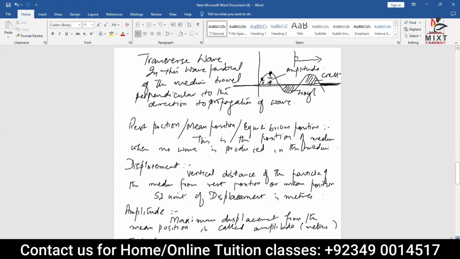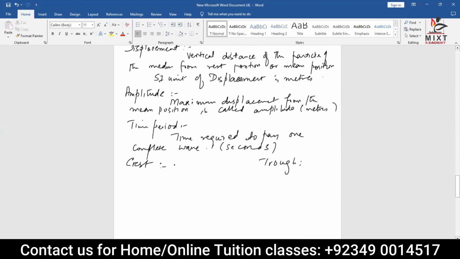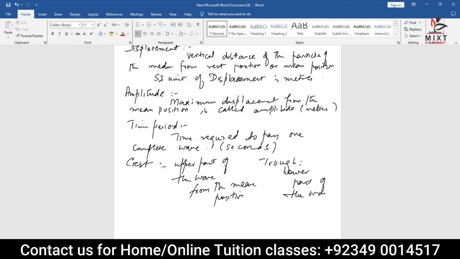So you can say that crest is the upper part of the wave from the mean position, and trough is the lower part of the wave from the equilibrium position or mean position. Understood? Okay.